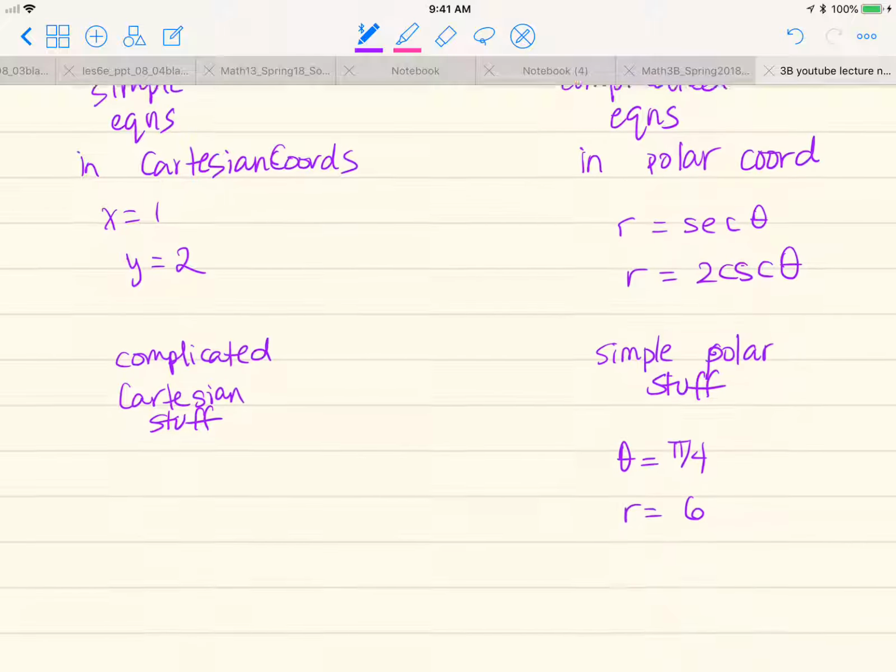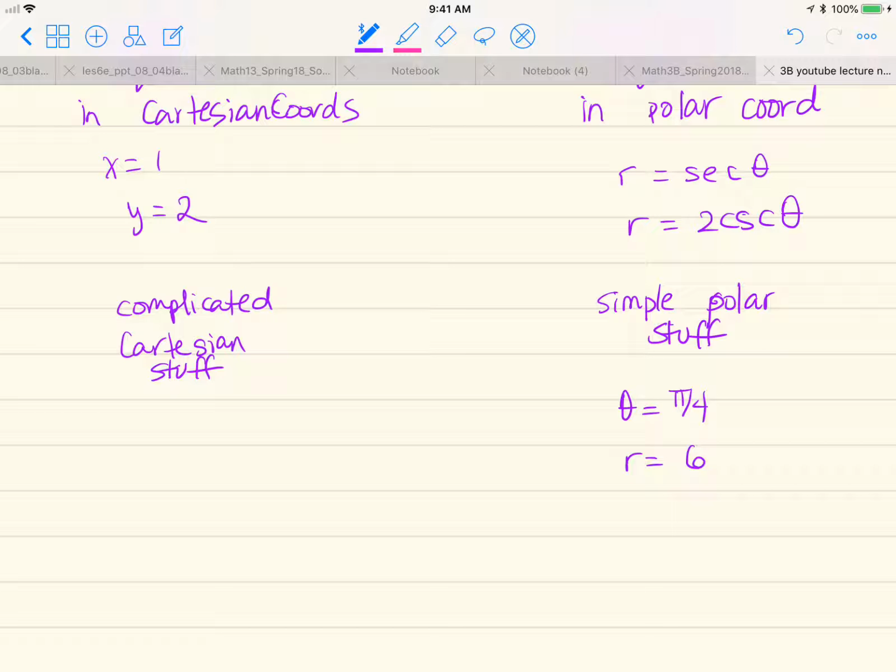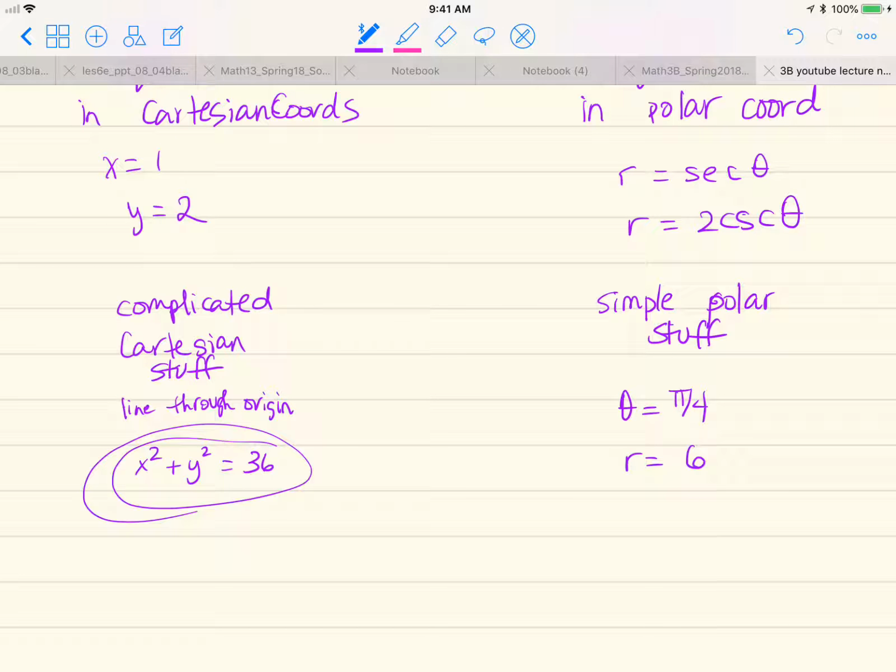Well, for theta equals pi over 4, that's not that bad. That's just an equation of a line through the origin. But take a look at r equals 6, which is x squared plus y squared equals 36. That's pretty complicated compared to just r equals 6. So there are trade-offs, right?